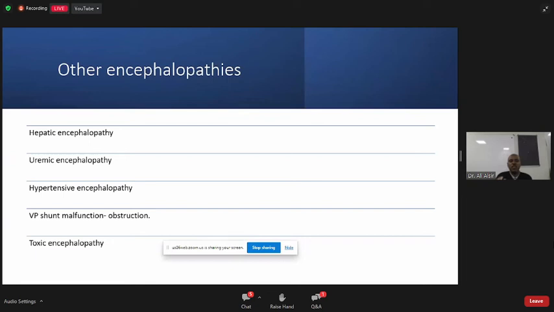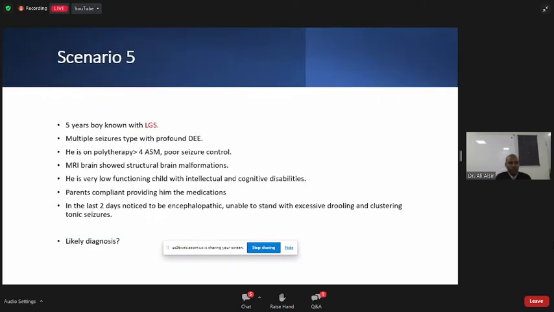But if the encephalopathy in a patient with a VP shunt, as we highlighted earlier, progresses rapidly and the patient suddenly becomes comatose, you have to consider raised intracranial pressure. And also you have to consider toxic encephalopathy in general, especially among the older children. And sometimes the ingestion of some medications might lead to toxic encephalopathies.